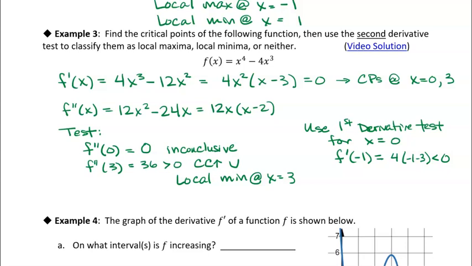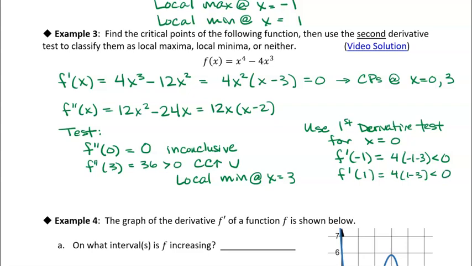And with the first derivative test, we have to test points on either side. So the first derivative at a point to the other side, let's just do 1. We have to do another point to the right of 0. So if we do that, we'll get 4 times 1 squared, which is 4. And then we have 1 minus 3. And notice that that is also negative.